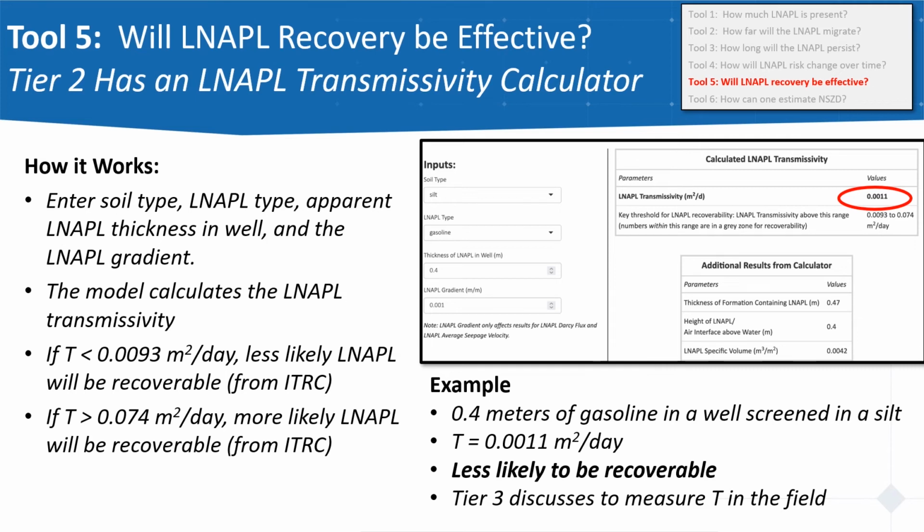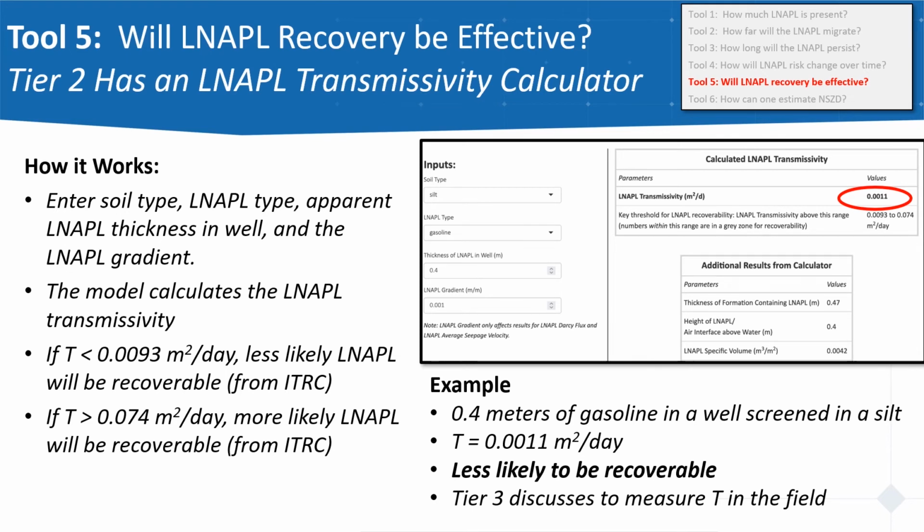If that LNAPL transmissivity is less than 0.0093 meters squared per day, it's less likely that LNAPL will be recoverable. Now, on the other hand, if your LNAPL transmissivity is greater than 0.074 meters squared per day, a higher number, it's more likely that, yeah, you're going to be successful. You can get quite a bit of it out.